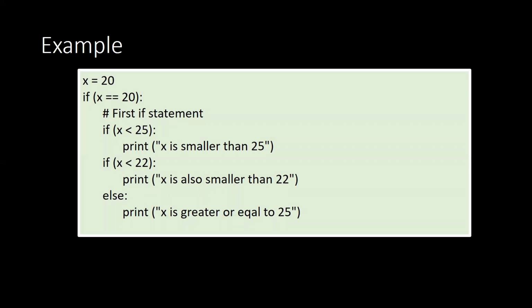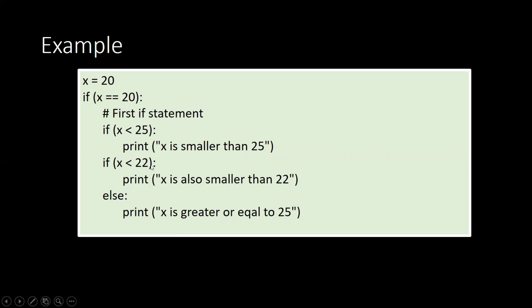So now we will see an example here. I have assigned 20 to the x value, and this condition will be tested first. If this condition is true, then our control will test this condition. And in case of false, this statement will not be executed and the control will come to the second if statement.